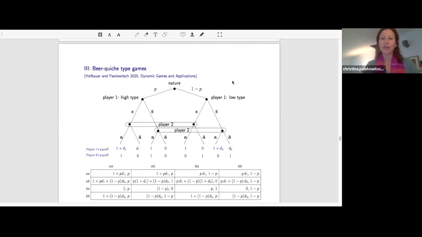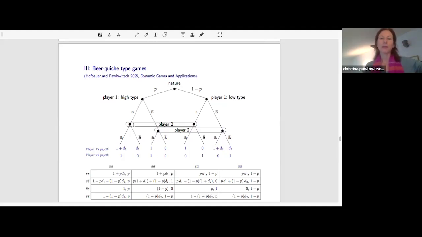The difference here, with respect to the game we just saw, is that a signal is not of a cost, but player 1 gets a positive payoff increment from producing a certain signal. To keep it very close to the notation we had, there is a signal S that the high type likes to produce.